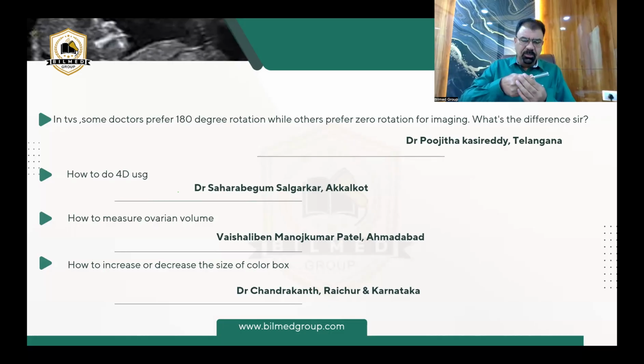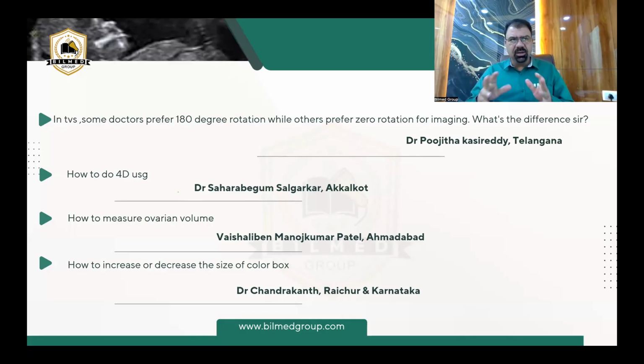When you are inserting the probe, you are keeping the marker towards the ceiling. That is the zero rotation. But what if you rotate it by 180 degrees? Your image will get inverted on the screen.